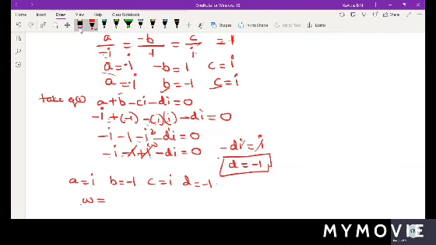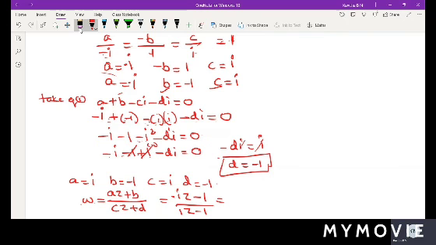Take down the bilinear transformation: w is equal to az plus b divided by cz plus d. Here a value is iz, b value is minus 1, c value is iz, then d value is minus 1. Here the a value is minus i.